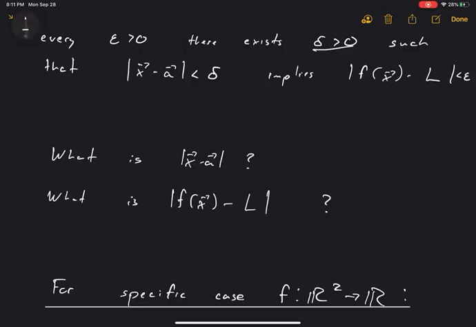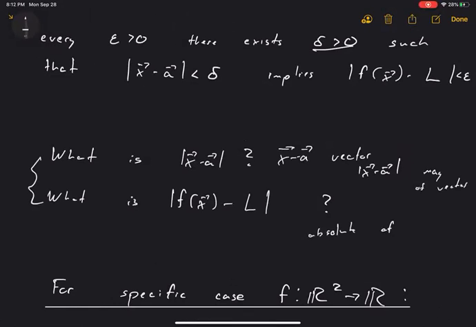We covered these questions here. The x minus a is a vector, and then the magnitude of x minus a is the magnitude of that vector. What is the absolute value of f of x minus L? It's the absolute value of one number minus another.